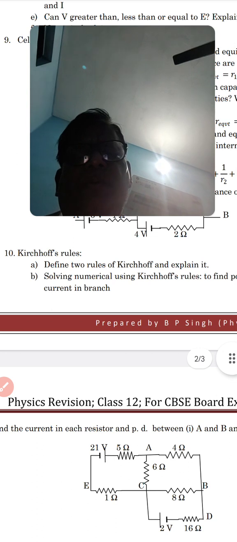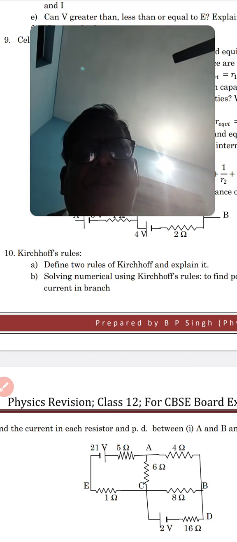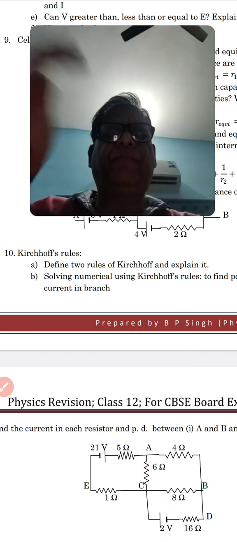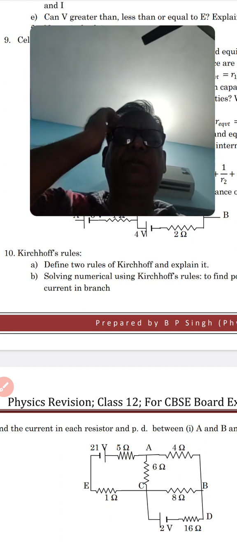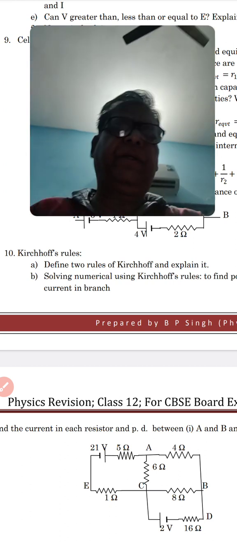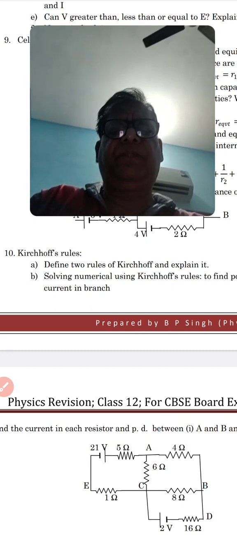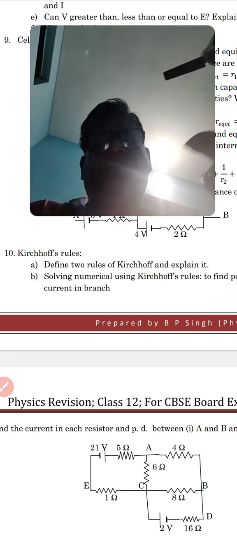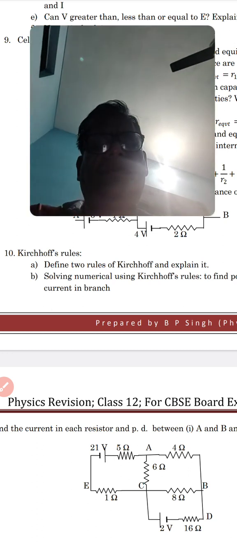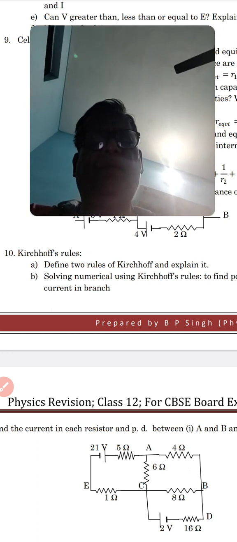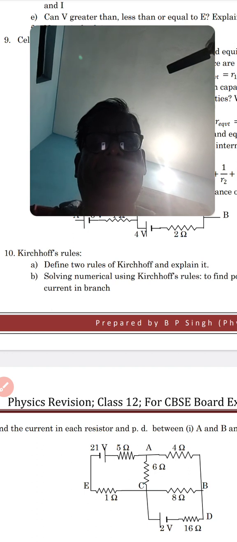Now Kirchhoff's rules. There are two rules: the junction rule and the loop rule. The junction rule is based on conservation of charge and the loop rule on conservation of energy. In the junction rule, summation I equal to 0, and in the loop rule, summation V equal to 0.